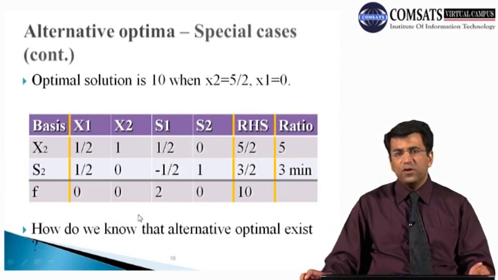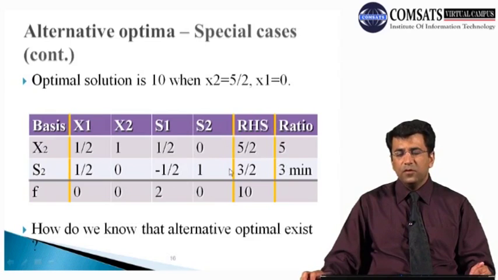Again, we use the same formula for the new pivot row, that is 1 over pivot number multiplied by the old pivot row, and again the formula for any other new row will be equal to the old row minus pivot column coefficient multiplied by new pivot row. So after computing these pivot row and the non-pivot rows, we will put all of these rows in this particular table.